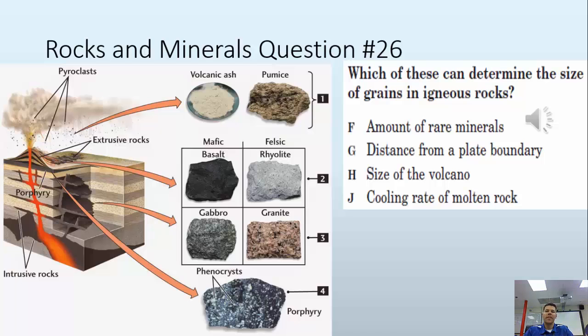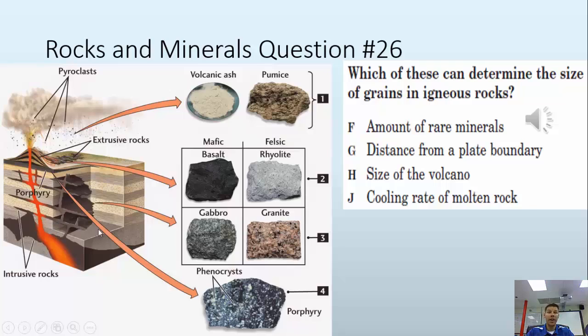Which of these can determine the size of grains in igneous rocks? The amount of rare minerals, the distance from a plate boundary, the size of the volcano, or the cooling rate of molten rock? When they talk about grain size in an igneous rock, what they're really talking about here is the crystals. And remember, crystal development is determined by how fast the rock cools.